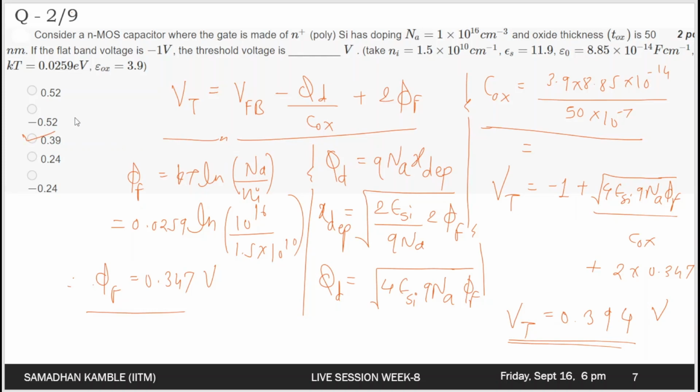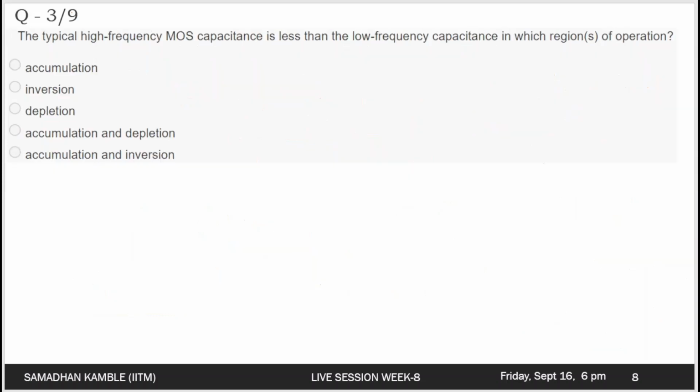Okay, so this was quite a bit of calculation. Let us go to some conceptual questions then. Question number 3. The typical high frequency MOS capacitance is less than the low frequency capacitance in which regions of the operation? Okay, again a fairly straightforward question. Can I have an answer from you guys?